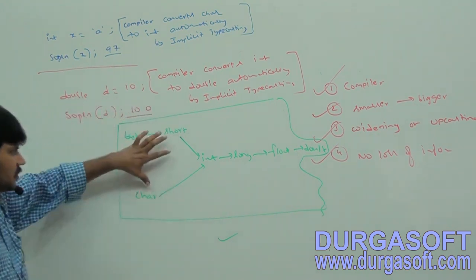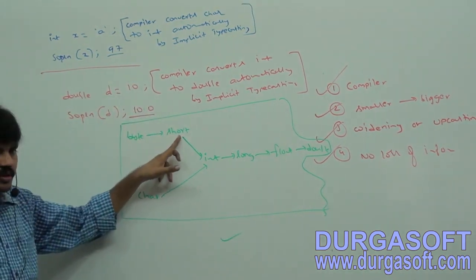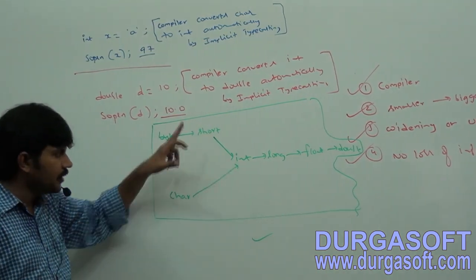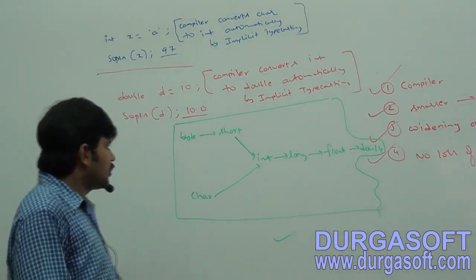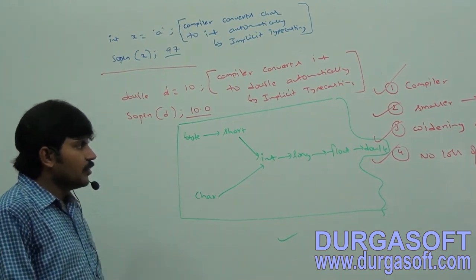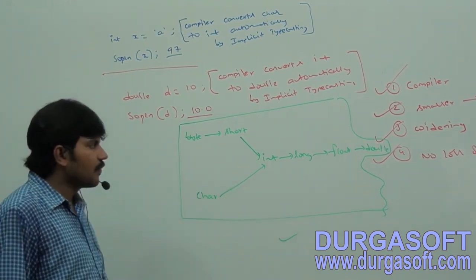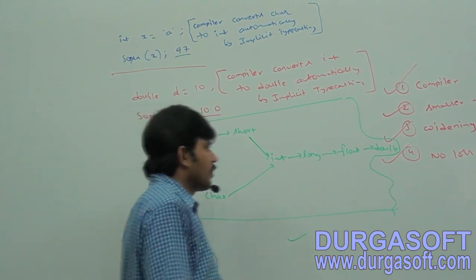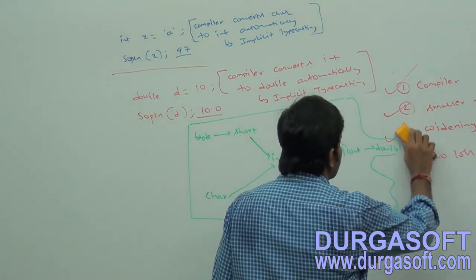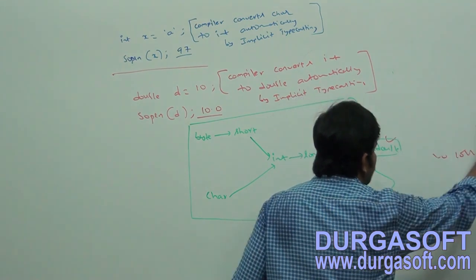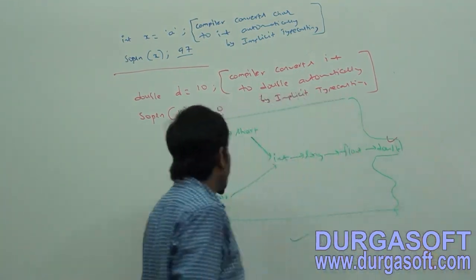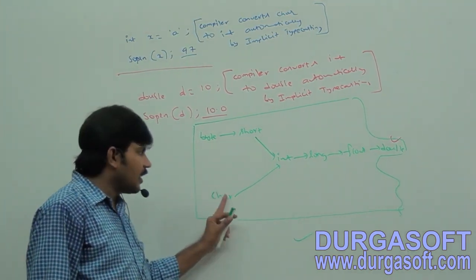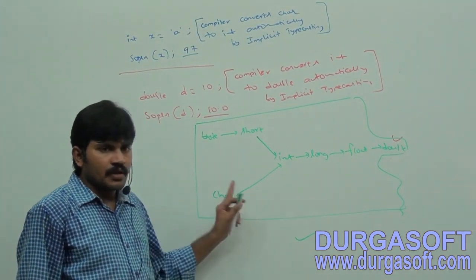Okay. Take this diagram. Byte to short, short to int, int to long, long to float, float to double, and char to int.